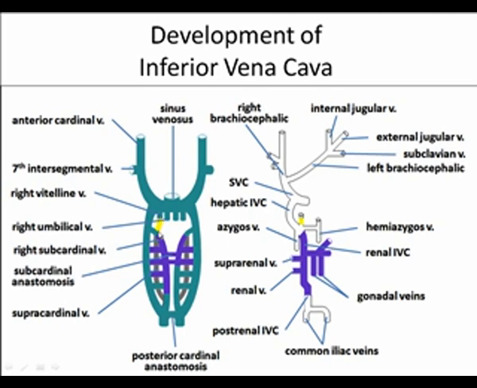And so the hepatic portion of the inferior vena cava, which is this yellow area here, then develops from this new vessel. And the rest of the inferior vena cava proximally is from the right vitelline vein.